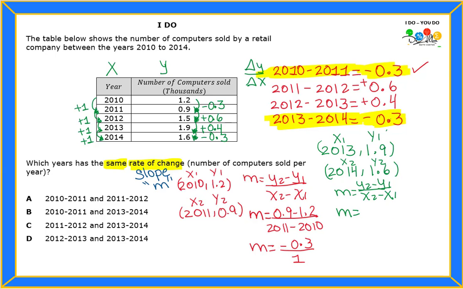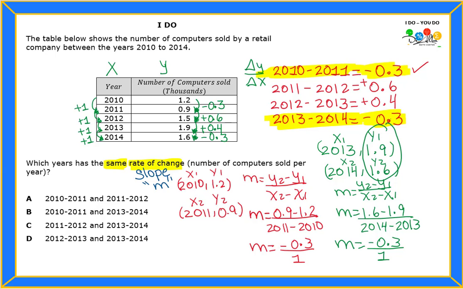Let's circle the numbers here, just in case you forgot. So we're going to have 1.6 minus 1.9 over 2014 minus 2013. And 1.6 minus 1.9, I get negative 0.3. And 2014 minus 2013 gives me 1. There's 1 year of difference between them.